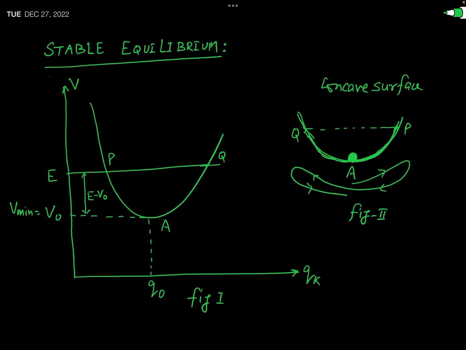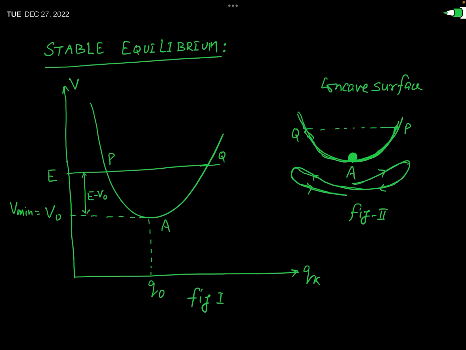It means, in this figure, the particle is displaced to the position P and released, then it will come back and go in the other direction and again come back to A, and again it will move towards P. So in this way, if a slight displacement is made from the position A, then the particle will perform a bounded motion.